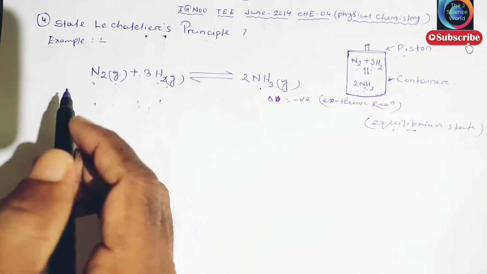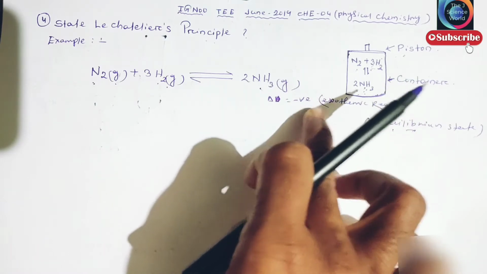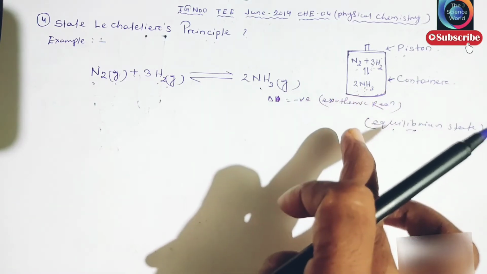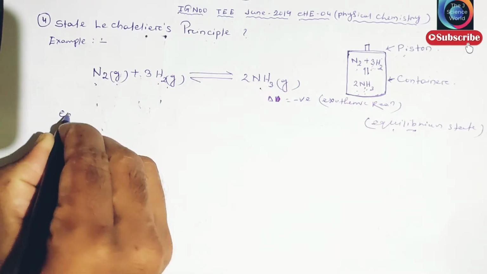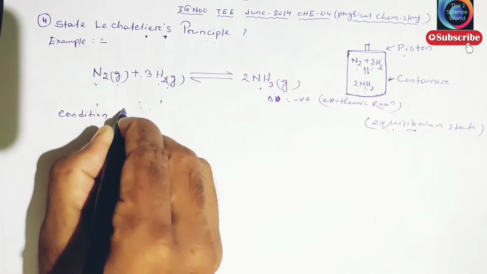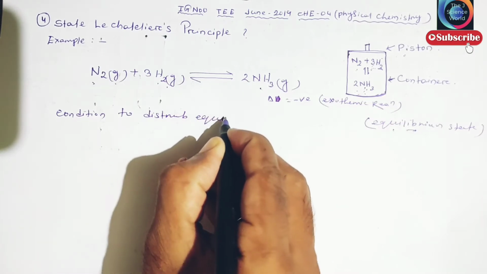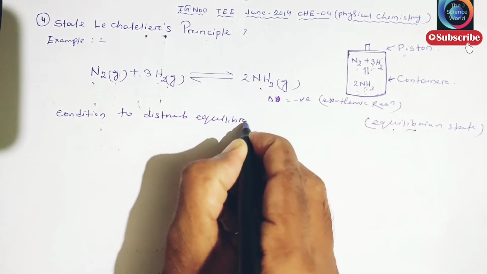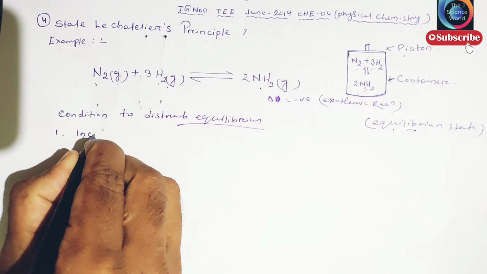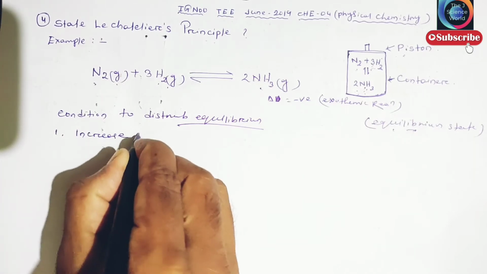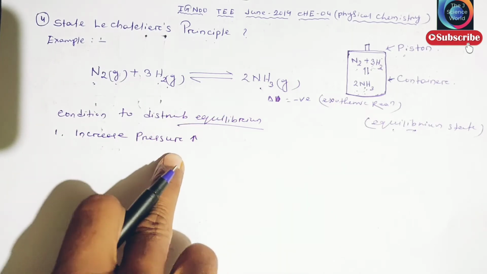But when we try to disturb our equilibrium state, first of all we require some conditions, meaning I take some steps to change my system. Let's observe the conditions to disturb the equilibrium. First one is increase or decrease pressure.